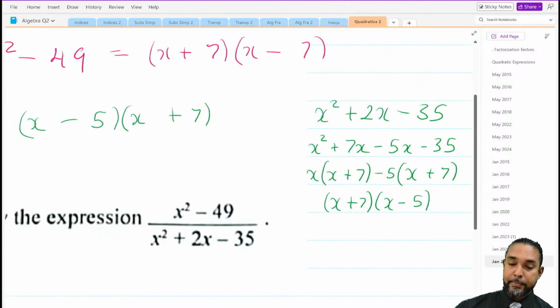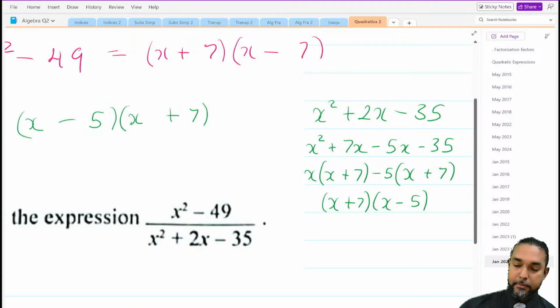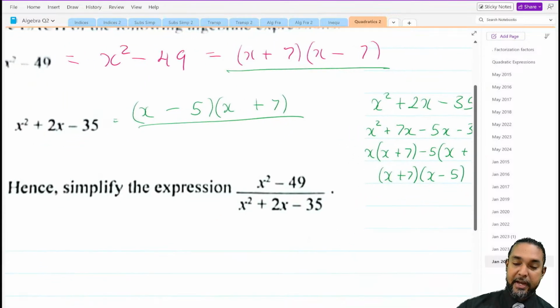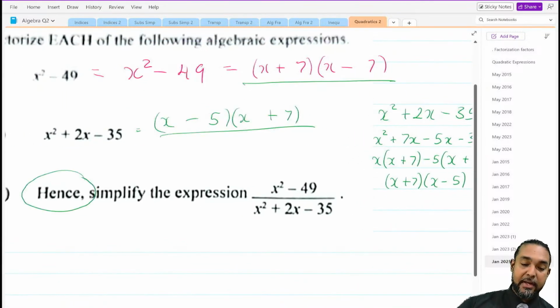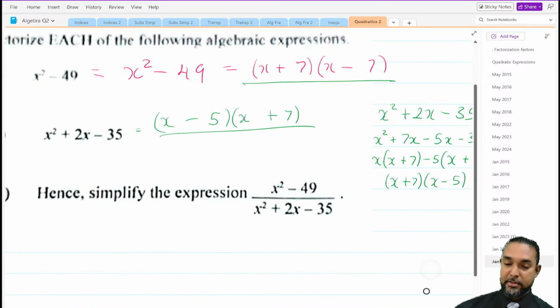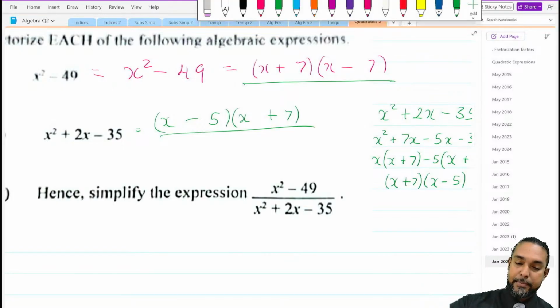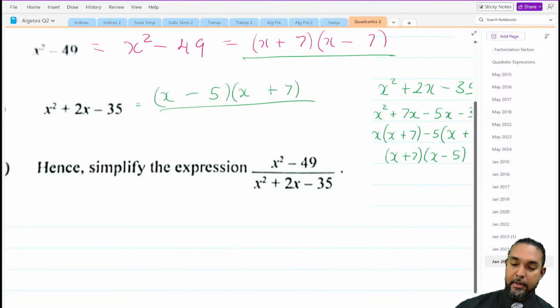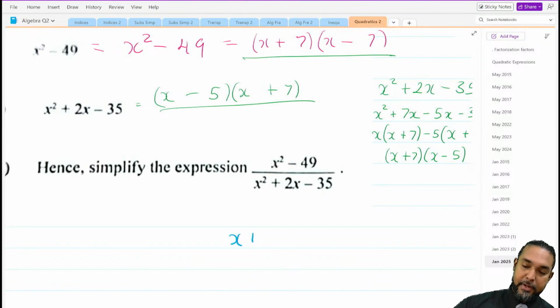Right. So now we have this and we have this. So when they say down here, hence, so again, the keyword here, hence, means using what you just did. Simplify that. So the numerator, x squared minus 49, we saw could be simplified by the pink, so you can put x plus 7 by x minus 7.